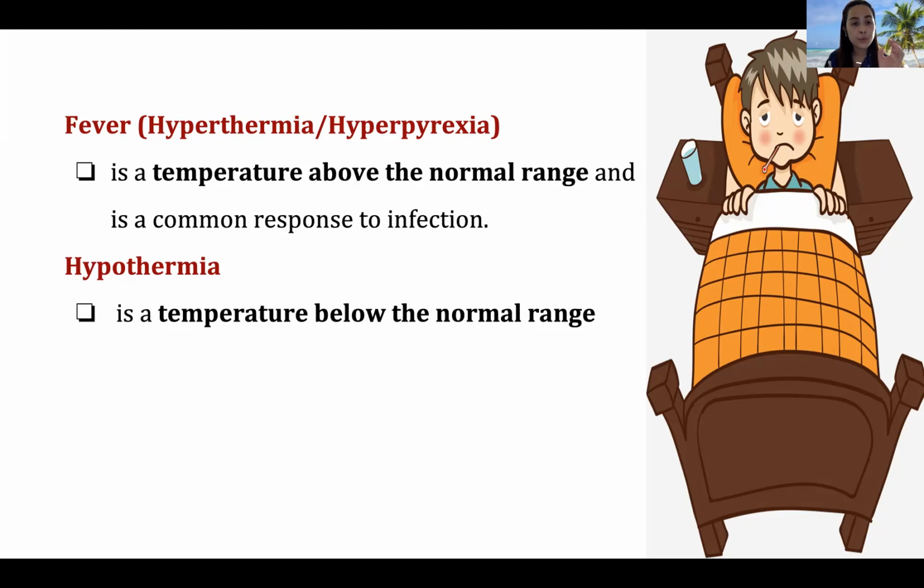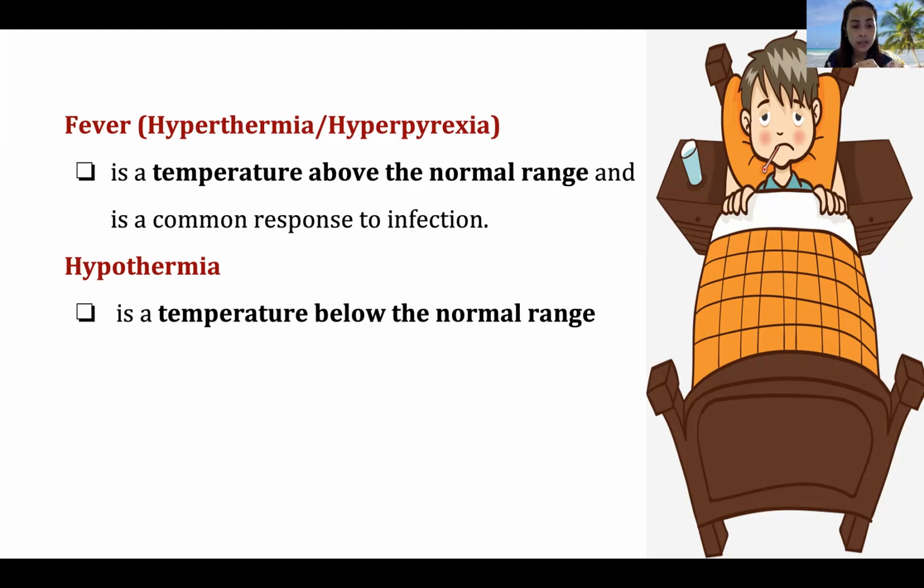So when we combine hyperthermia or hyperpyrexia, pyrexia means temperature also. So when we combine these two, we can get an increased amount of temperature above the normal range. So it is an increased temperature. In short, hyperthermia or hyperpyrexia, or in layman's term, it's fever.